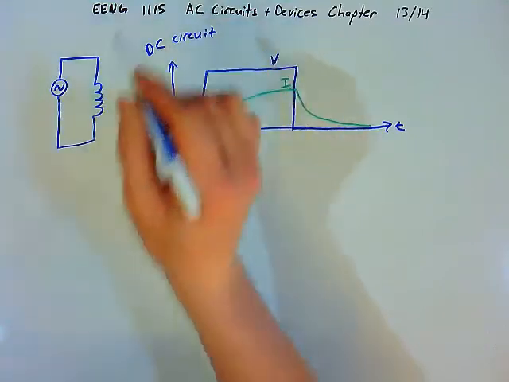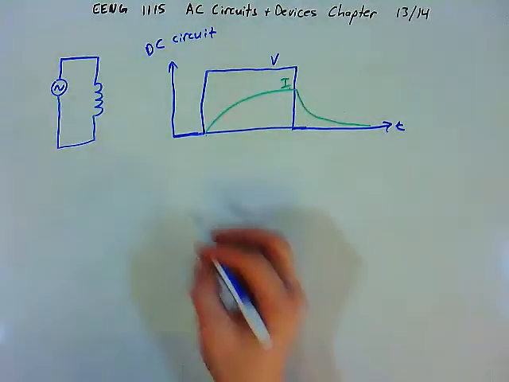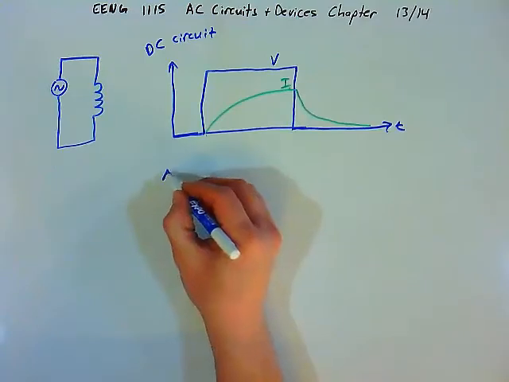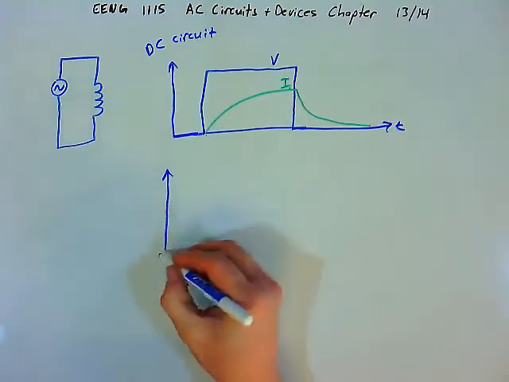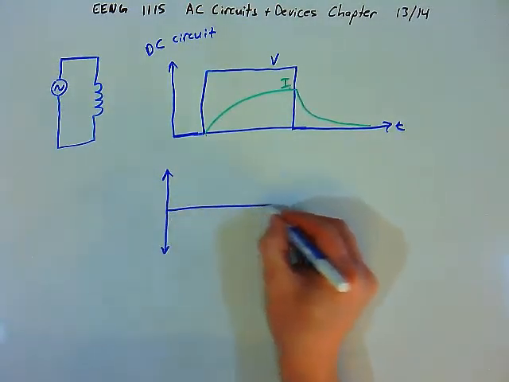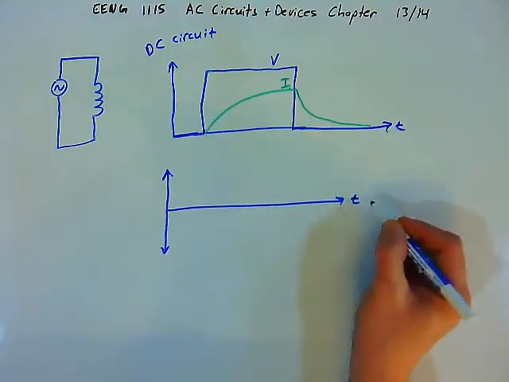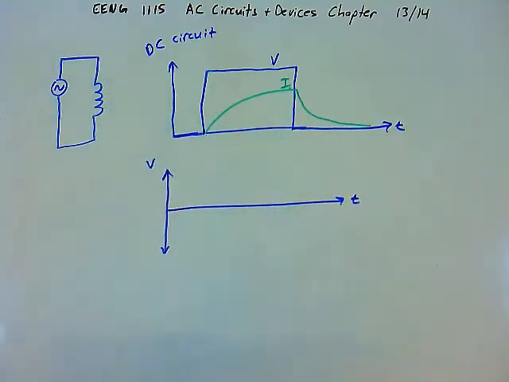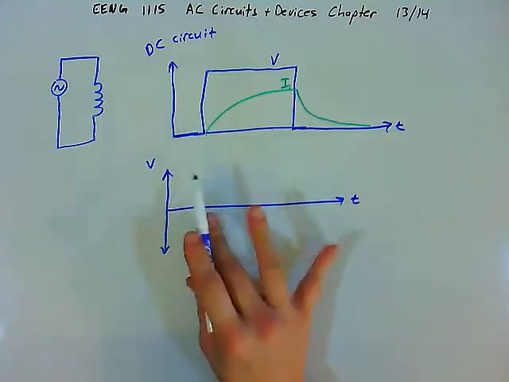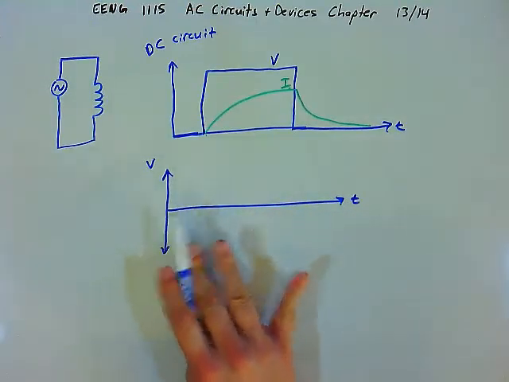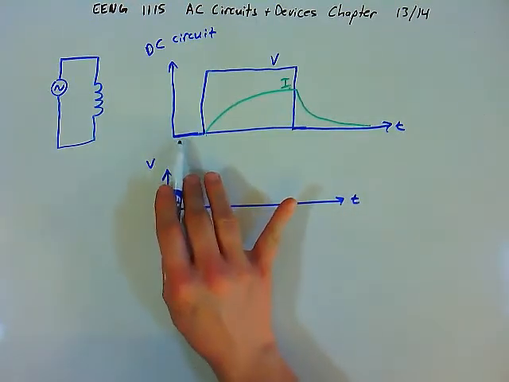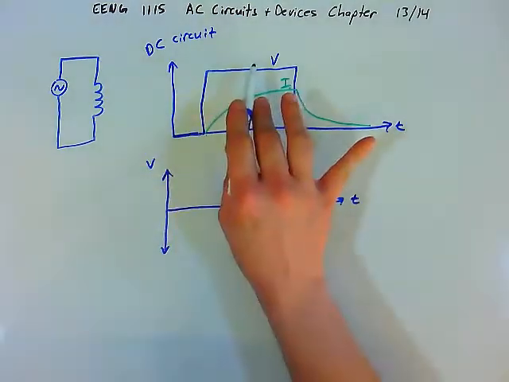For an AC circuit, however, the voltage is not constant, right? There's no switch that opens and closes. The voltage in the DC circuit was either 0 or maximum.